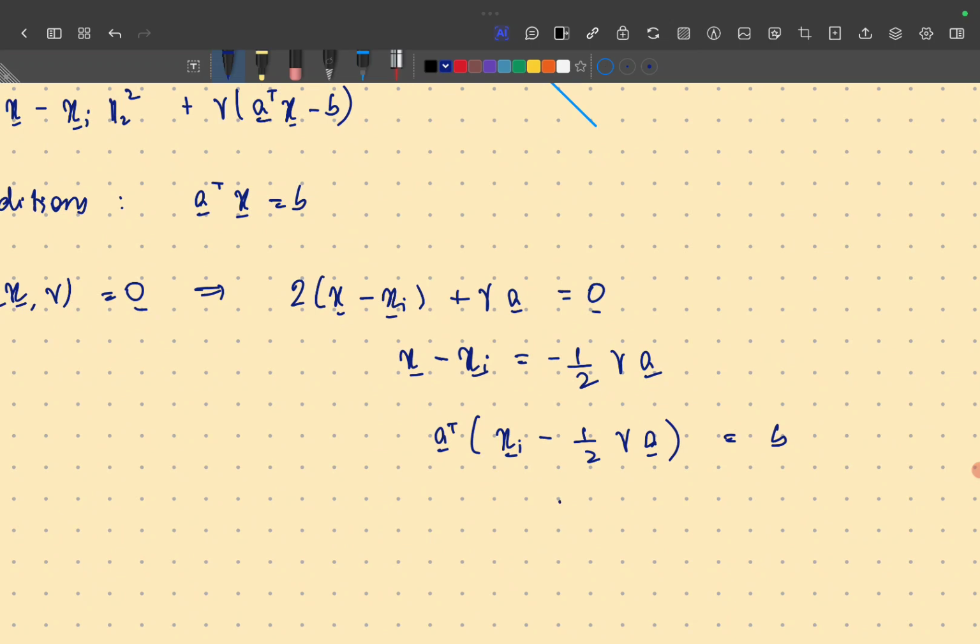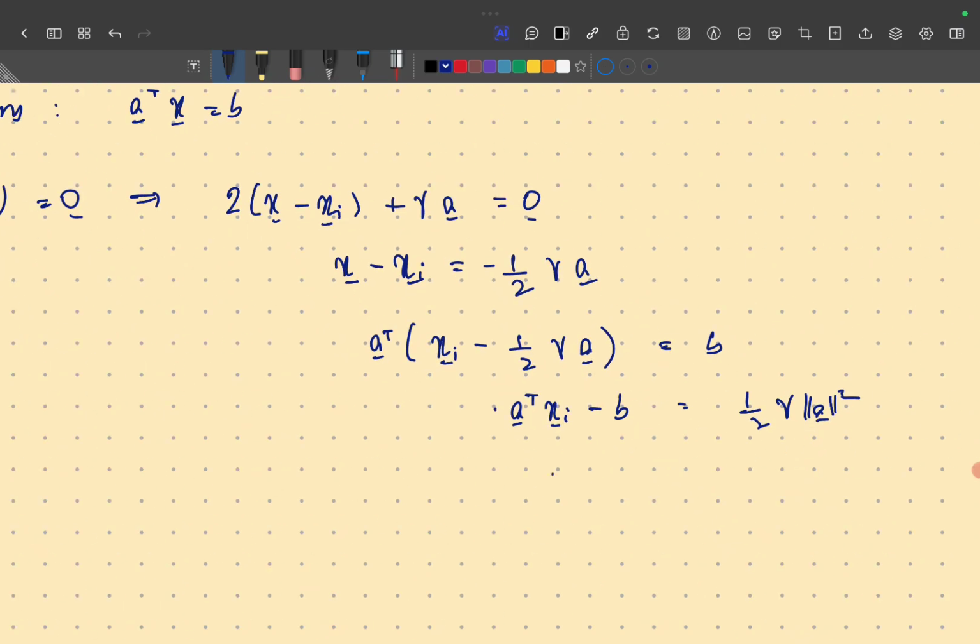So just rearranging, I get A transpose xi minus b should be equal to half nu A transpose A, which is norm A squared, right? So nu is equal to 2 times (A transpose xi minus b) divided by norm A squared.